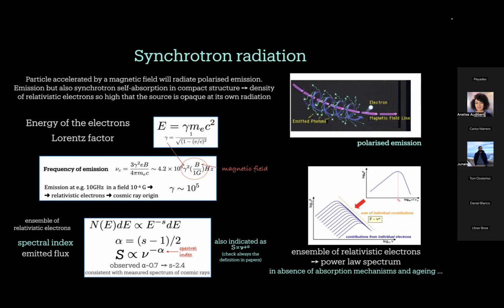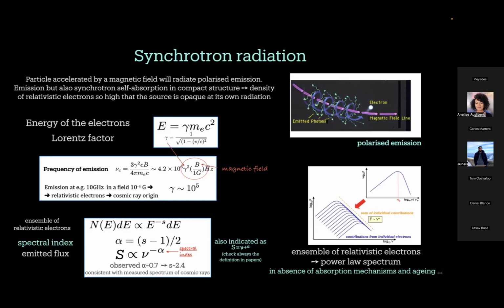Okay, so one electron gives you the emission at a certain frequency, like the symbol here. A population of relativistic electrons gives you the characteristic power law of the synchrotron. So the flux that you measure is proportional to frequency to a certain spectral index.